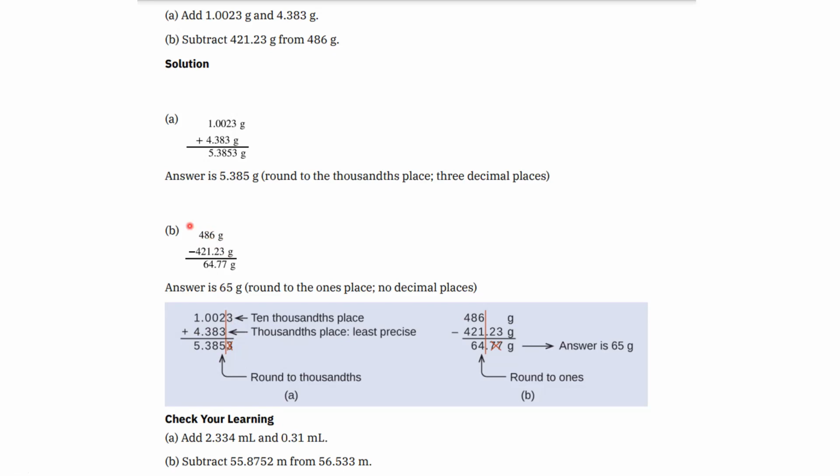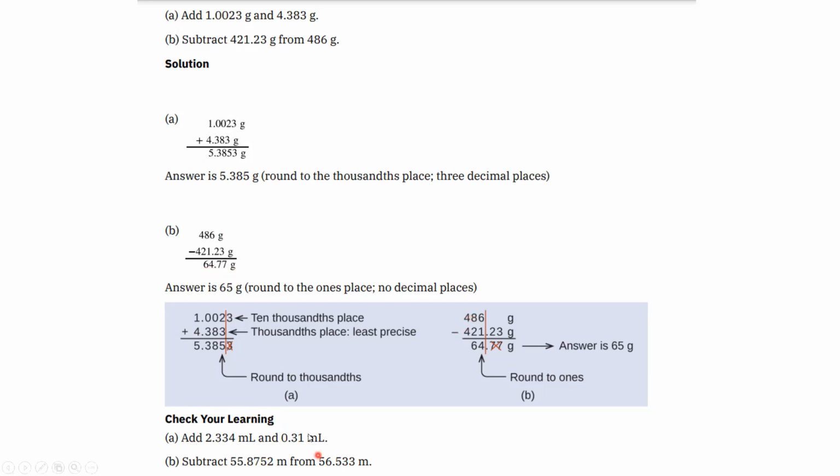So we'll still go through, get the calculator answer of 64.77, but now our final answer can only go to the ones place. So 64.77, think about it, we're rounding to the ones place. So we're focused on the 4 as where we're going to round. But since we've got a 7 as the next digit, we're going to round that up all the way to 65 rather than just keep it as 64.